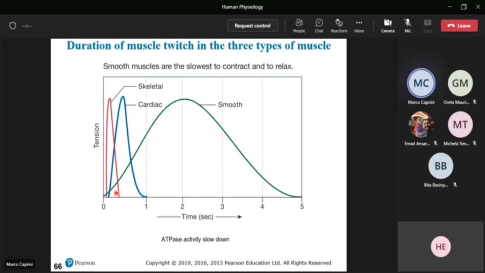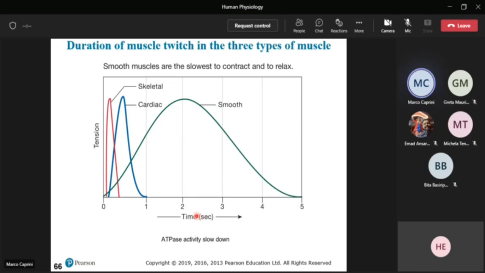Obviously, the difference is enormous. You remember the tension of the skeletal muscle? We said it could be from 10 to 100 milliseconds. In the smooth muscle, it's a big amount of time, like 5 seconds. In physiology, 5 seconds is a big amount of time.